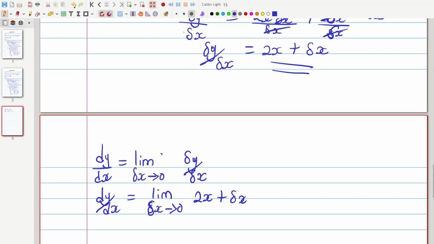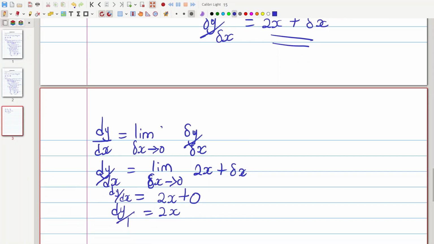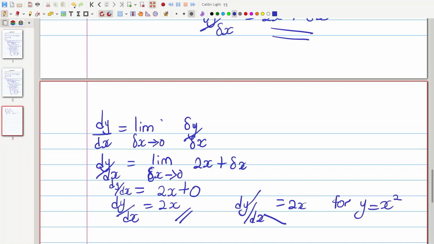This means we let delta x go to 0. So this will be 2x plus 0, which will be 2x. So dy/dx, the differentiation of y with respect to x, is equal to 2x, for the equation y is equal to x squared.